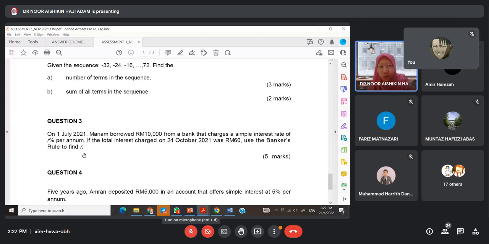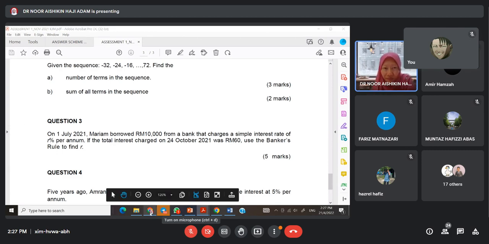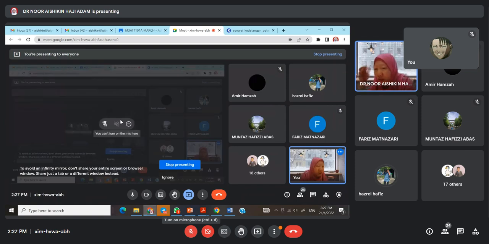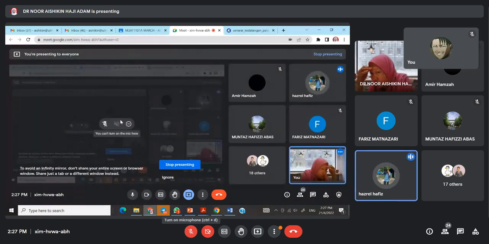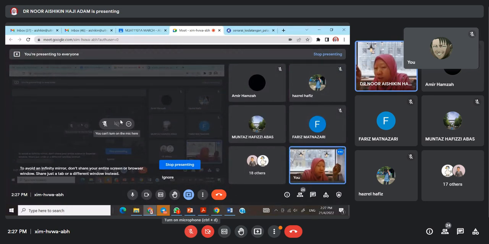Tak ada juga ke? Tidur ke? Soalan 3 saya tak jawab. Tak jawab sebab? Hazril, kenapa? Saya tak faham soalan tu.